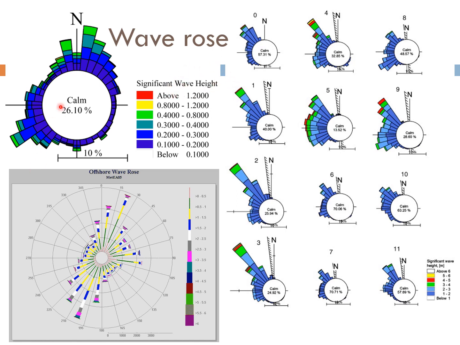And in this case, you notice there's no concentric circle in this particular diagram, but the scale is given, so it is 10%. It seems like this length here is about 10% if we measure from the center. So we use the scale to read how many percent of the time the wave has what wave height and is coming from what direction.